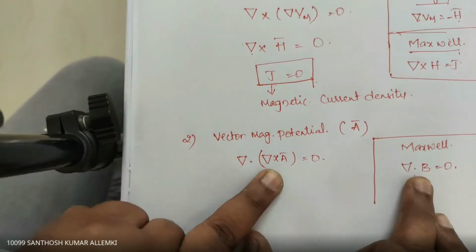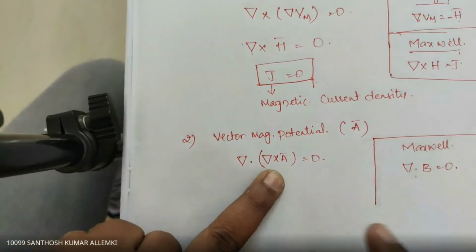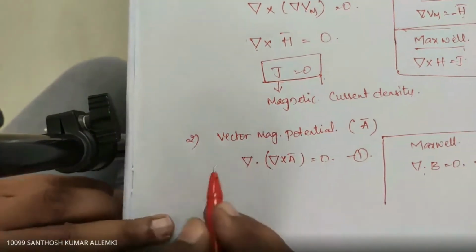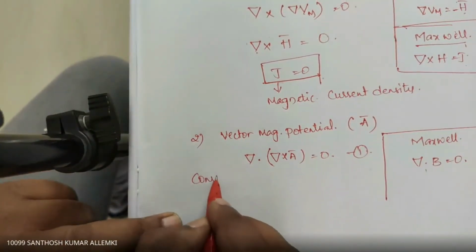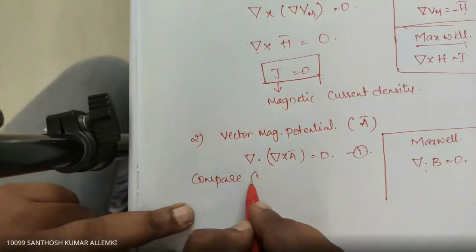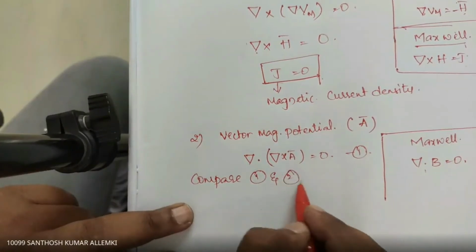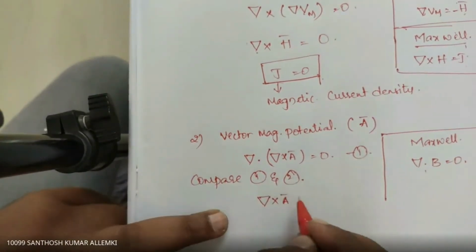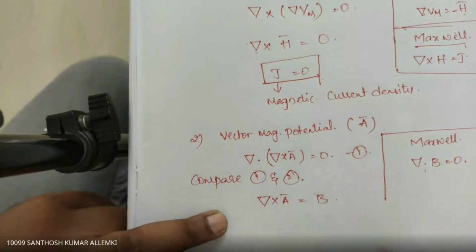Remember here, B is equal to del cross A bar. So for example, this is the first expression, this is the second expression. Just you can compare first and second, you can have del cross A bar is equal to B.